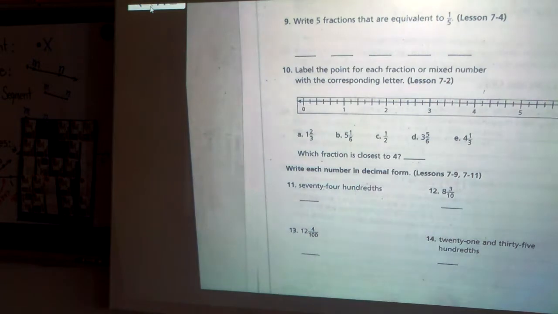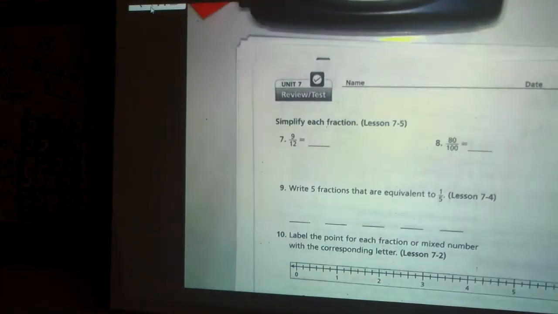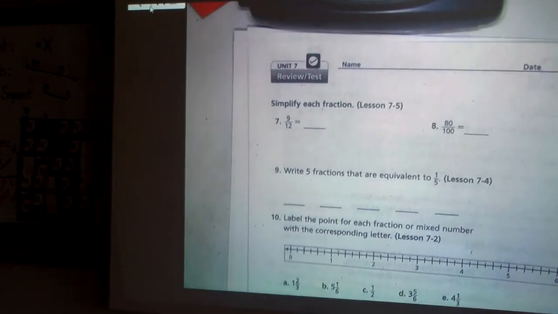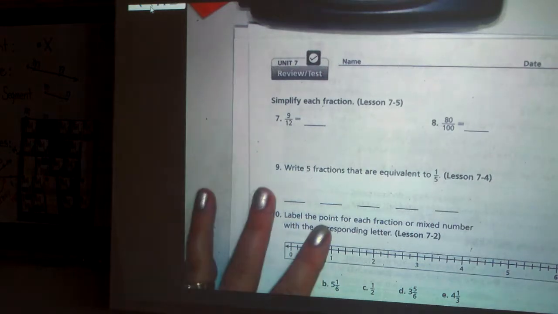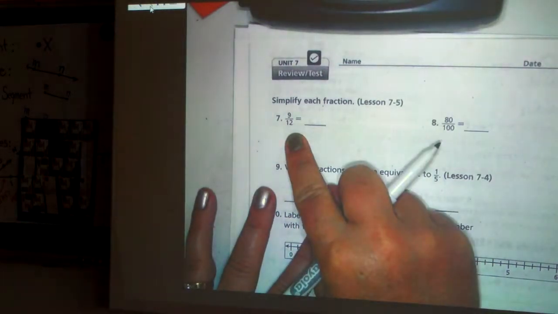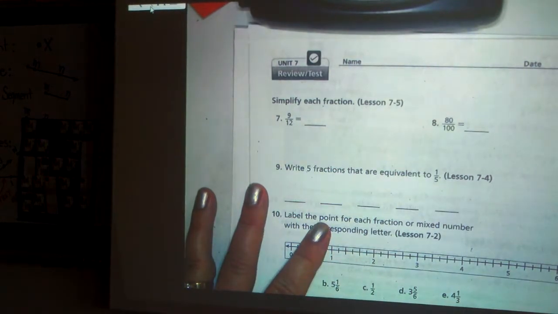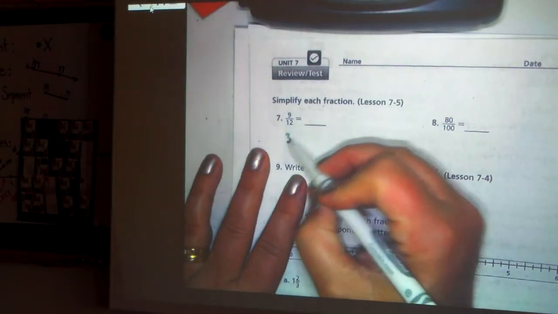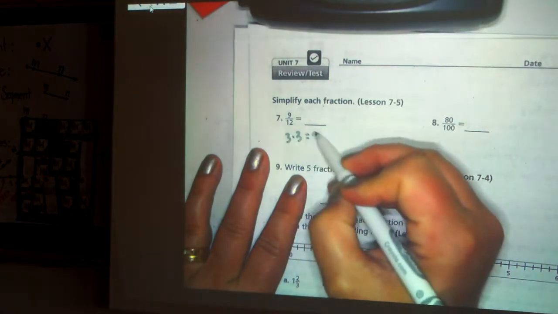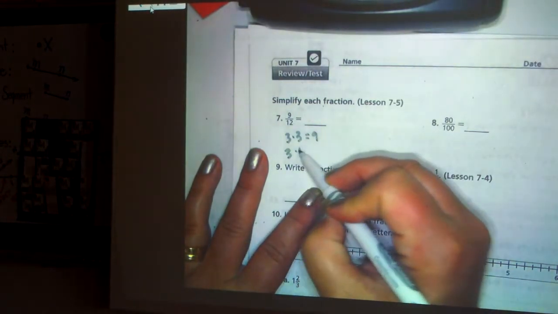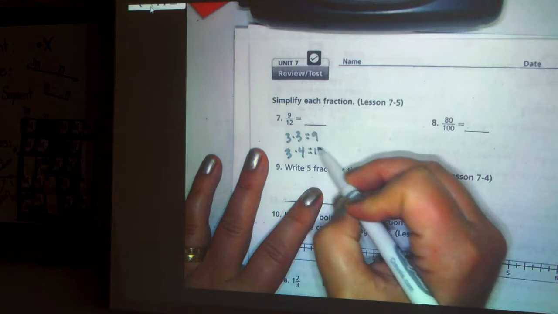All right, so this is page 268. And if I have 9/12, I can simplify it by scaling down by a common factor for 9 and 12. And I know that 3 times 3 is 9, and 3 times 4 equals 12.